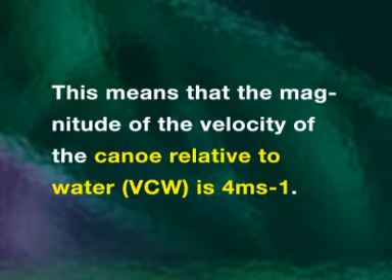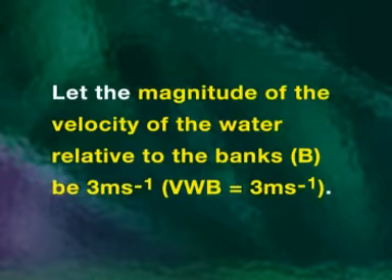This means that the magnitude of the velocity of the canoe relative to water, VCW, is 4 meters per second. Let the magnitude of the velocity of the water relative to the banks B be 3 meters per second. That is, VWB equals 3 meters per second.